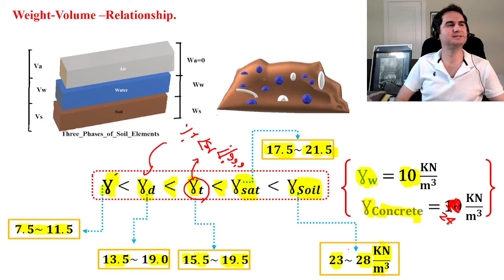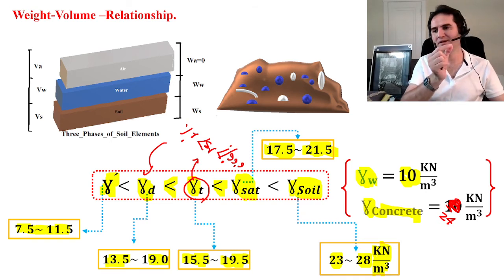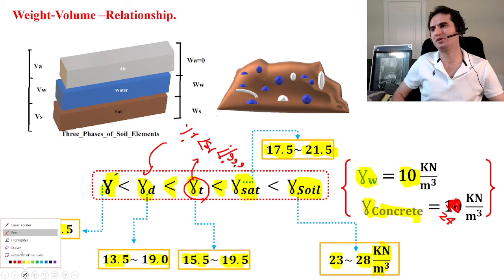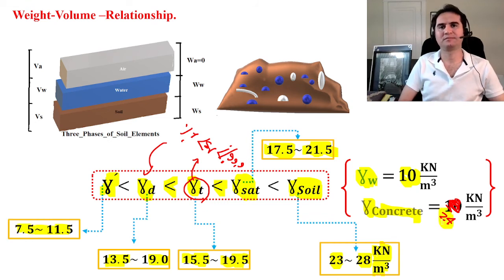You can easily see that even the loosest grain soil has a negligible difference from concrete, and most of them are almost higher than even concrete. That's how the soil is stronger than even concrete.